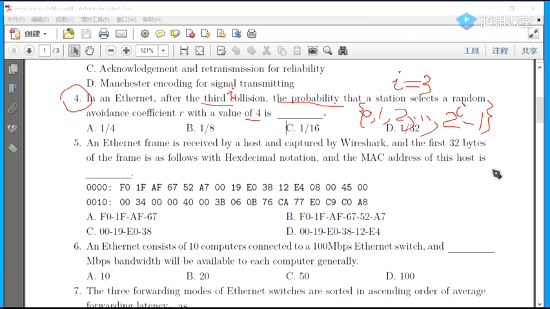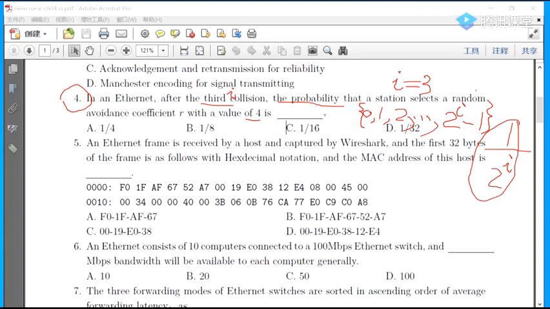So to select the value of 4, how many numbers are in the set? What is the size of the set? 2 to the power of i, right? So selecting any one among the numbers in the set has probability 1 over 2 to the i, right?